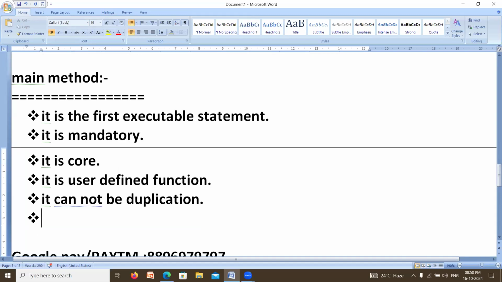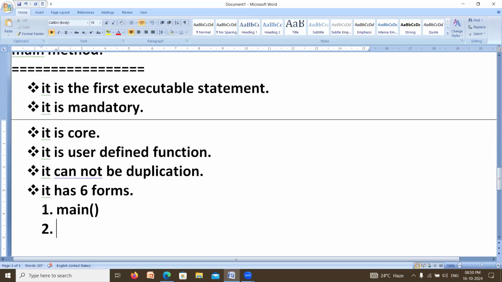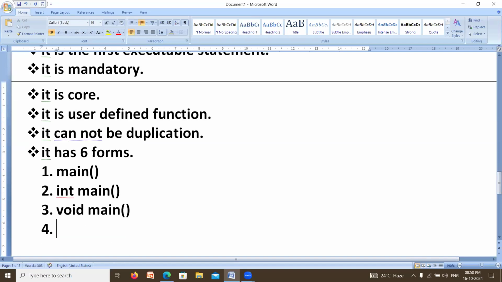The main method you can write in 6 models. It has 6 forms. First form is you can write main, it's enough. Or you can write integer main. Or you can write void main. Or main of void. Or integer main of void.